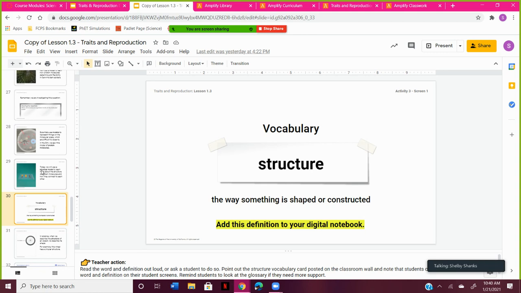All right, so structure. You guys have probably heard of structure before, whether it's in school or outside of school. And so structure in this case is the way something is shaped or constructed. So the way something is shaped or constructed.